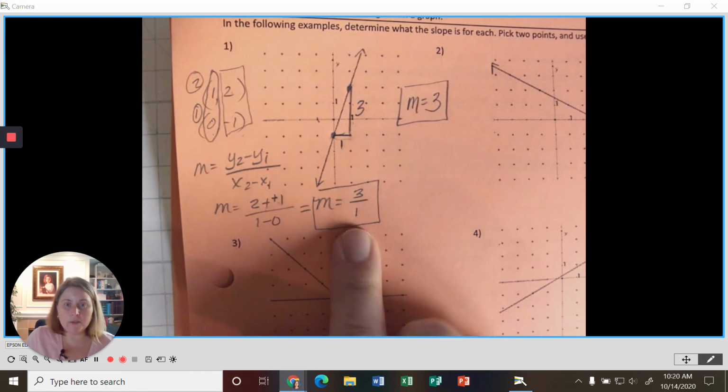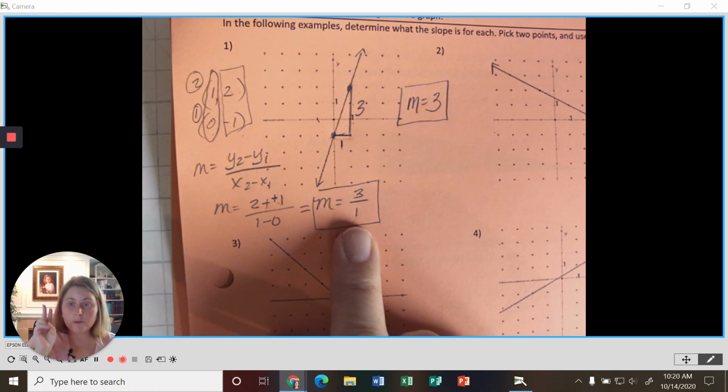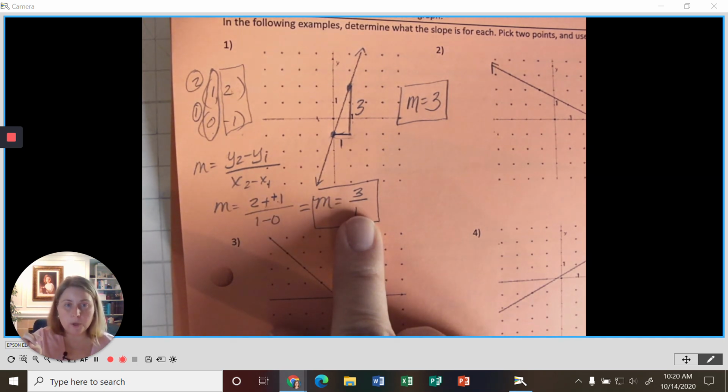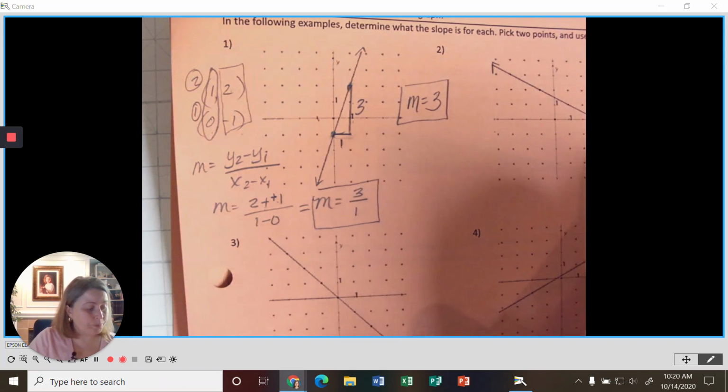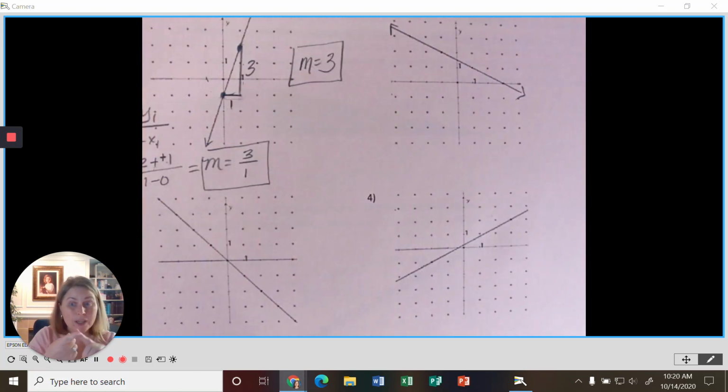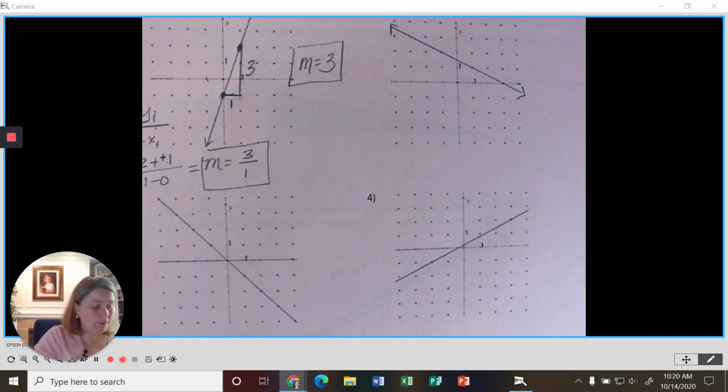A couple of benefits of doing it algebraically: you don't have to make the graph, and you don't have to worry about remembering whether it's positive or negative because algebraically it will work out. Both methods are great. For the rest of these, we're going to use the reference triangle because they already have the graph for us, and we'll be careful about remembering the positive or negative sign.